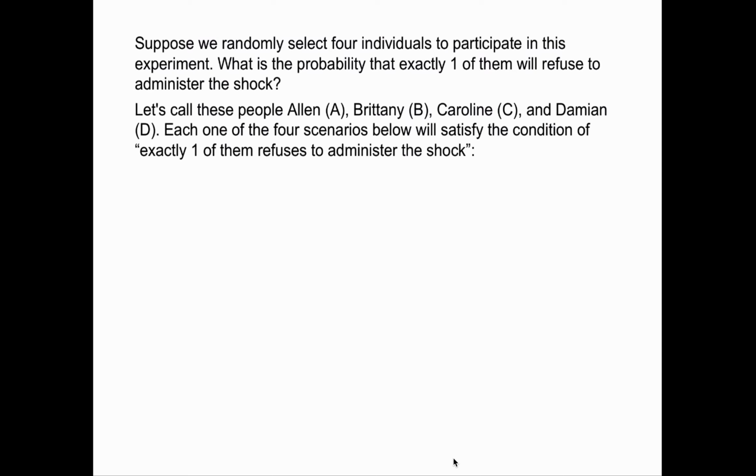So we're going to call these people Alan, Brittany, Caroline, and Damien. And so there are 4 scenarios in which exactly one person refuses to administer the shock, right? Remember that the probability of administering the shock is 0.65, which means the probability of not administering the shock is going to be 0.35.